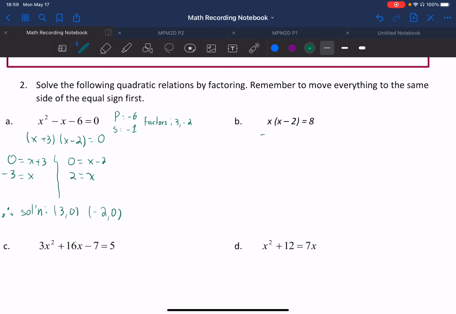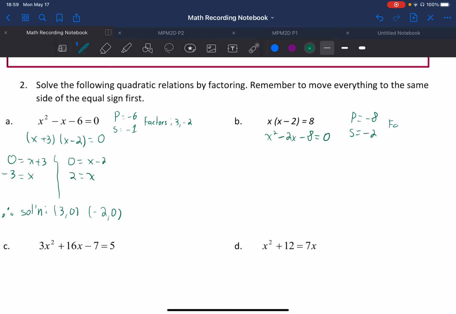So for this one, we're going to start by distributing the x into the bracket. So we get x squared minus 2x, and we're going to bring this 8 over to the other side. So we bring it over here, minus 8, and we get equal to 0. So at this point, we can start looking at our product and our sum. Our product is now negative 8, and our sum is negative 2.